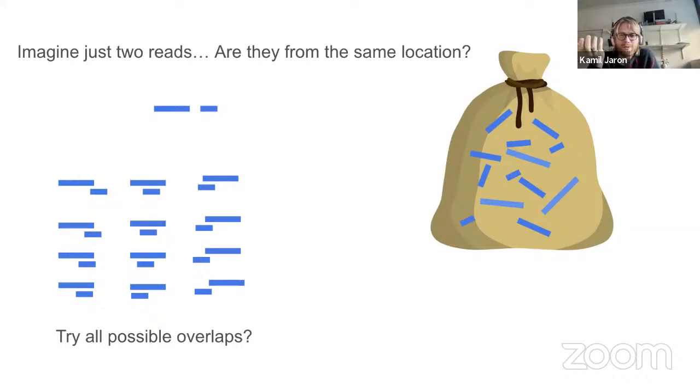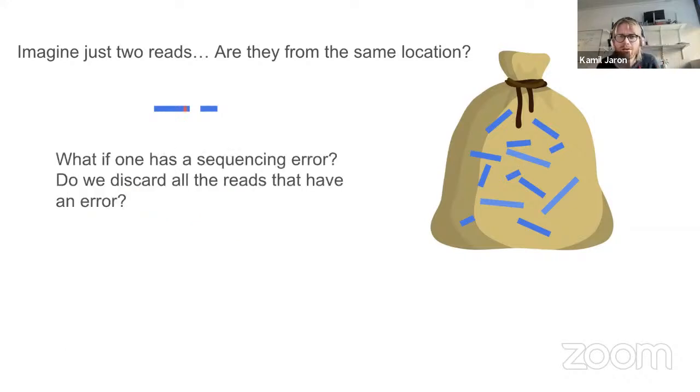Would you try every single possible overlap, and then what would you do? Would you calculate if they perfectly match or not? If they're perfect reads of the perfect template, I guess that would work. But what if they have sequencing errors, right? It becomes immediately non-trivial and computationally fairly complex, right? And this is just simply being able to tell whether two reads came from the same genomic region.